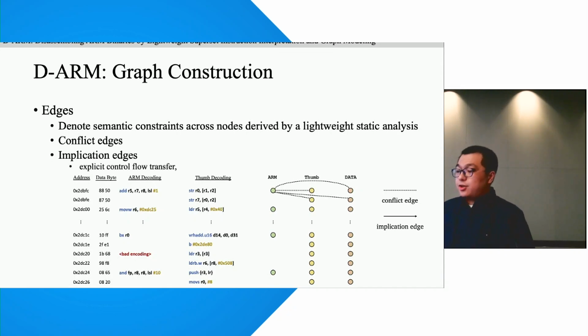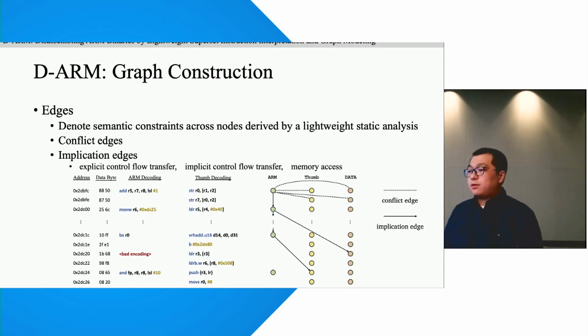The implication edges are added for explicit control flow transfer. For example, an ARM instruction must be followed by another ARM instruction if there is no mode switching. It is also from the source to the target for implicit control flow transfer. And from an instruction node to a data node, if the instruction accesses the data by a load or store instruction.